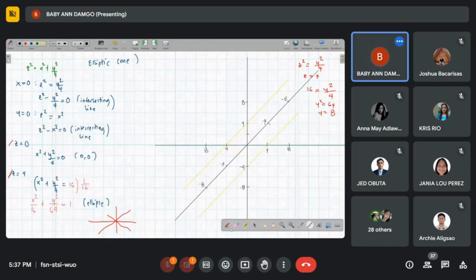So now, ang x is 4. So we have 2, 4. And then, our y is 8. So, 2, 4, 6, 8. So, wala siya ni-intersect sa kaning yellow line na. 2, 4, 6, 8.